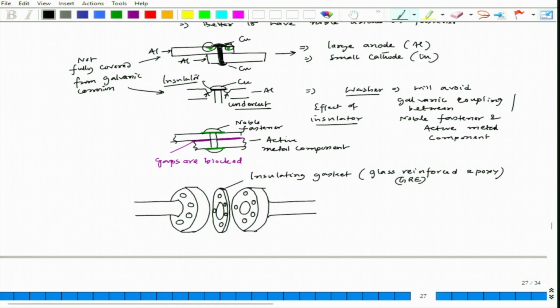Now, there could be a possibility of corrosion of the bolts. So, there also we should be careful in having insulation.